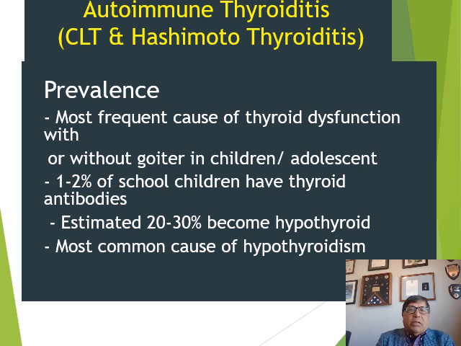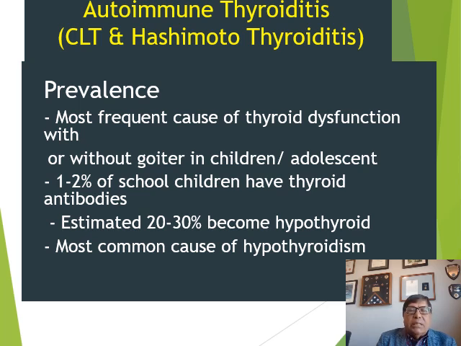And first of all, I'd like to talk to you about the prevalence of this condition. And we all know, anybody who practices medicine, that Hashimoto's thyroiditis is the most common cause of thyroid dysfunction in a pediatric age group as well as the adult age group.